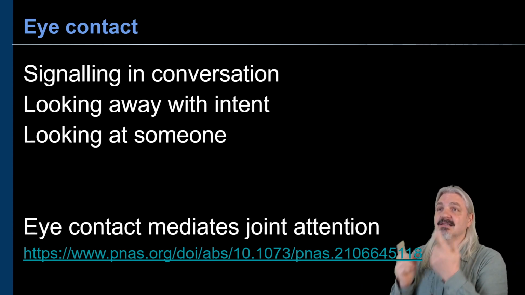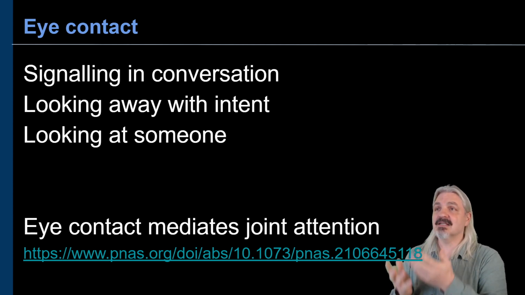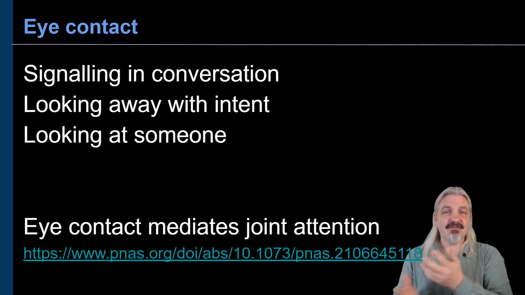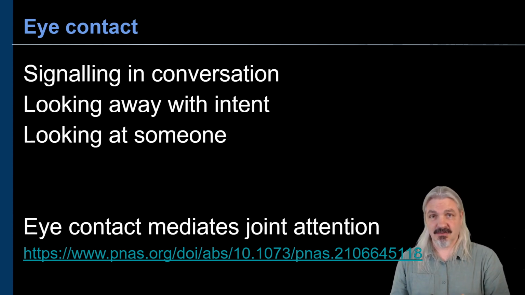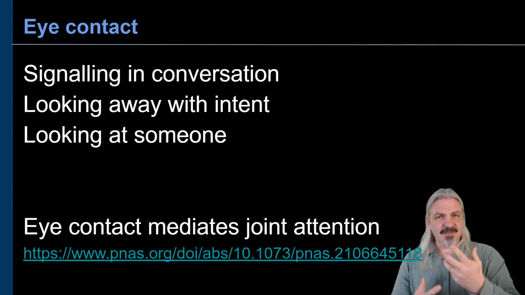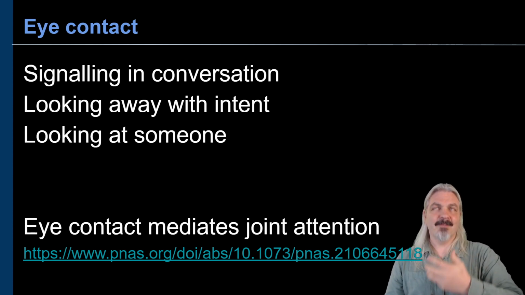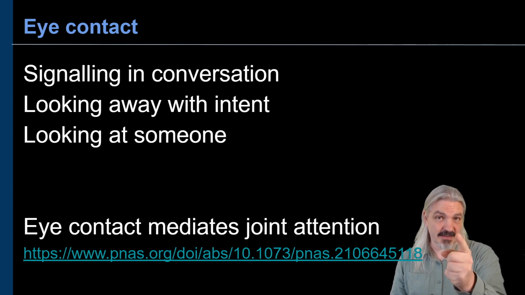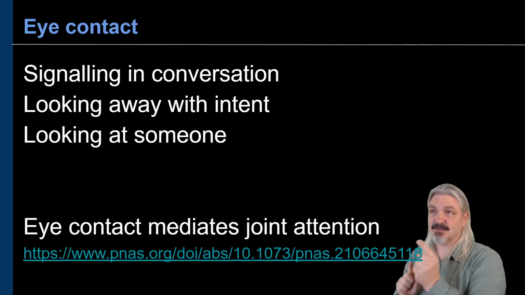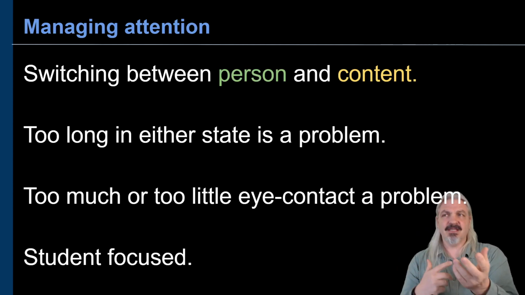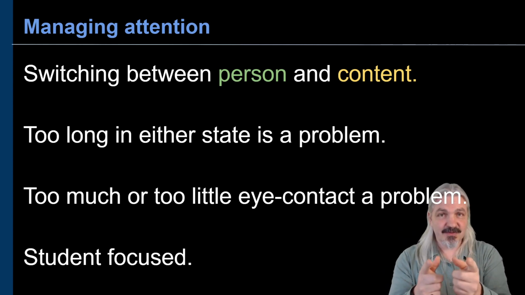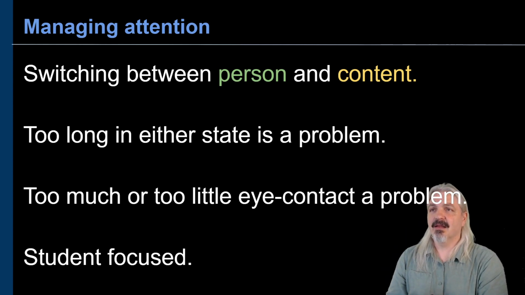Here, when I actually say, looking away with intent, looking at someone, even the nature of eye contact we know mediates pupil dilation. And so there are some deep and meaningful messages we send by eye contact and by looking specifically at content. So that's this idea of switching between the person I'm talking to and the content I'm talking about.